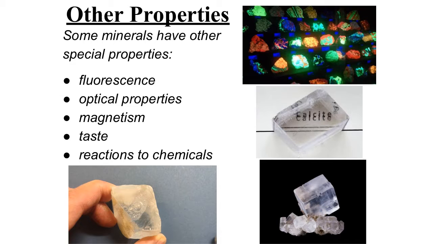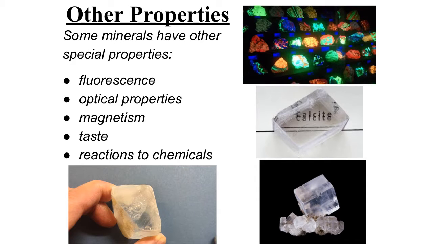So there are a couple of other properties that are sometimes really helpful in identifying minerals, but they're very specific to specific minerals. So for example, fluorescence. In this picture here in the upper right, these are minerals that are put under a black light, and a lot of minerals will actually glow in a specific color, and that will help you to identify them.